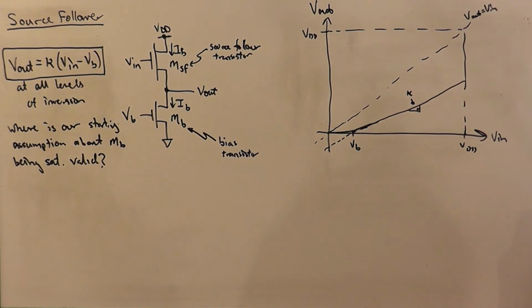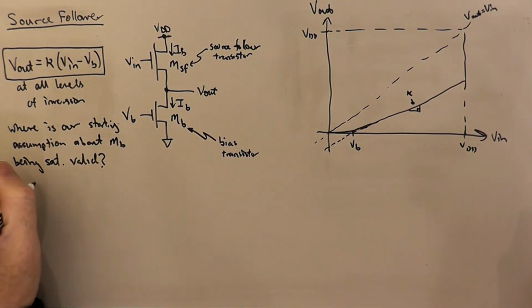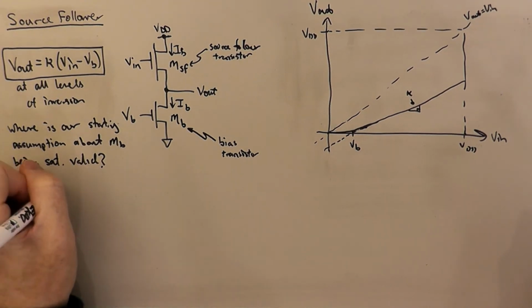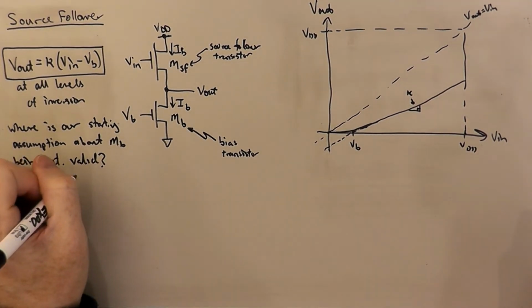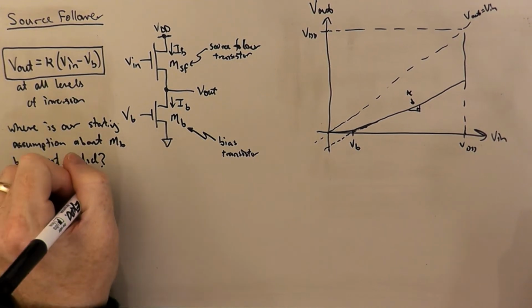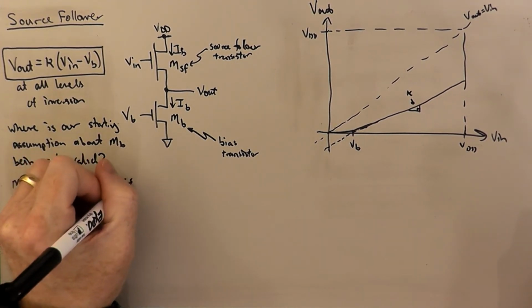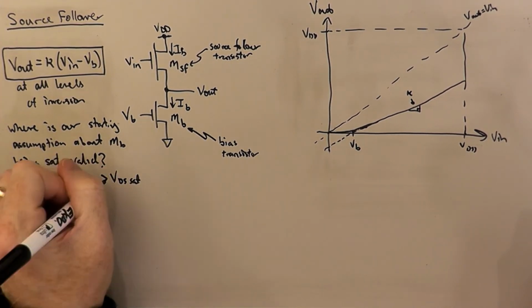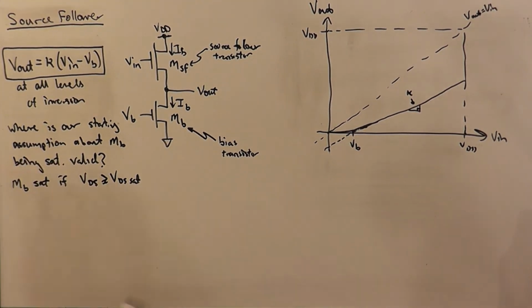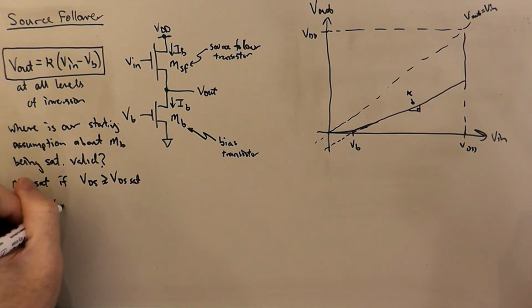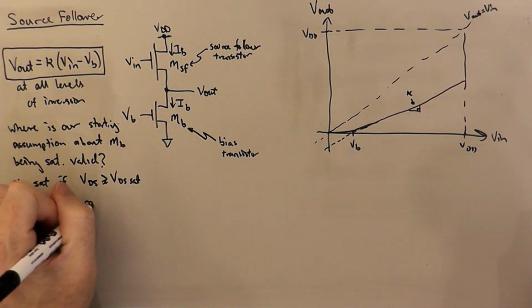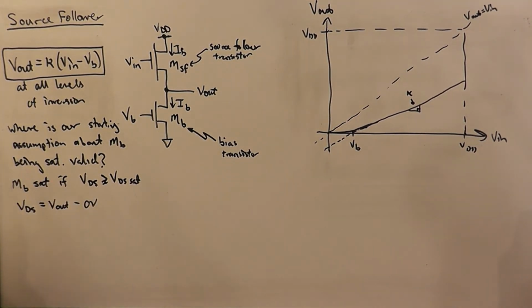Well, MB will be saturated if VDS is greater than VDS sat, or say greater than or equal to VDS sat. Well, VDS is equal to Vout minus 0 for MB. That's just Vout.